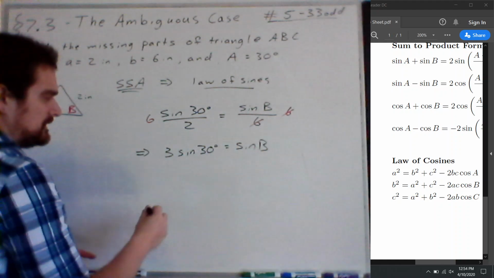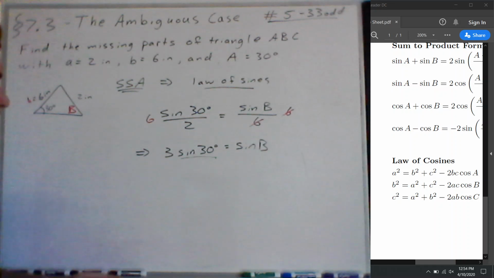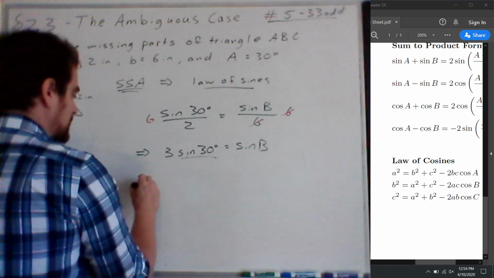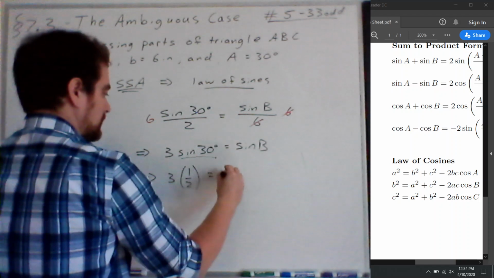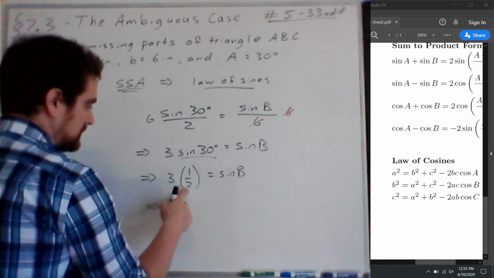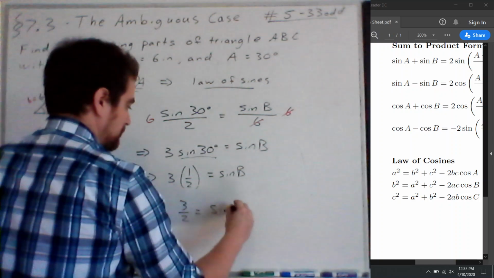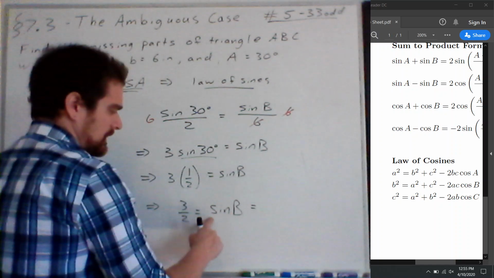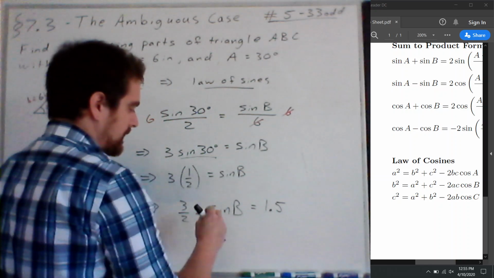Now something funny is happening here. That's an exact value that we can find. Sine of 30 degrees is exactly 1/2, which means 3 times 1/2, that's 3/2, is equal to sine of B. So my sine function is equal to 3/2, aka 1.5.